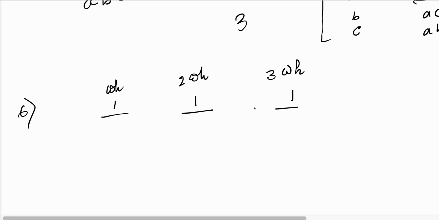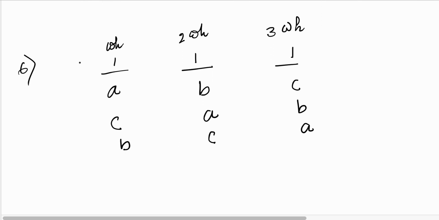But since the particles are indistinguishable, the possible ways will be A, B, C, then C, A, B, and B, C, A. Let me write it properly. How many ways can I put it there?